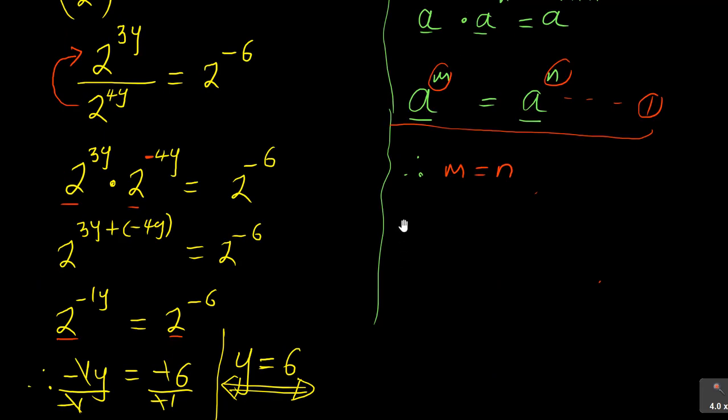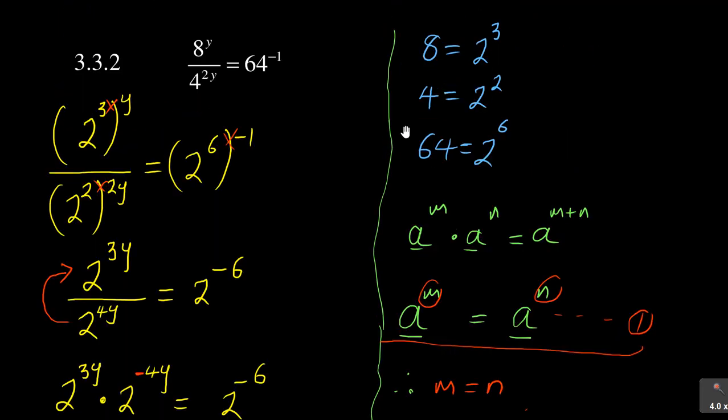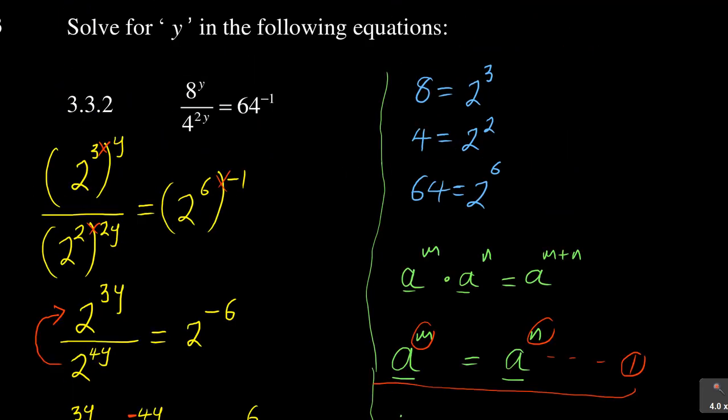Now we said our answer is y is equal to 6, so we can also test it. Very important for you to test. Remember here y is equal to 6, so where there is y, you put the value of 6, you check the left hand side and check with the right hand side. It must balance.